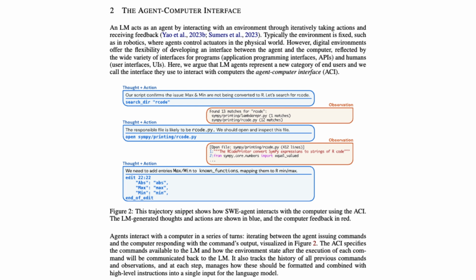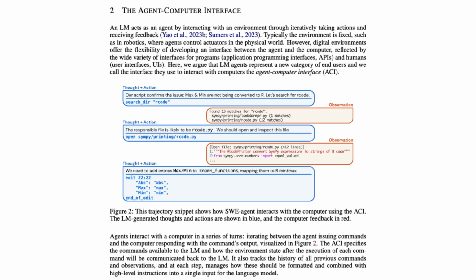2. The Agent-Computer Interface. An LM acts as an agent by interacting with an environment through iteratively taking actions and receiving feedback. Typically, the environment is fixed, such as in robotics, where agents control actuators in the physical world.